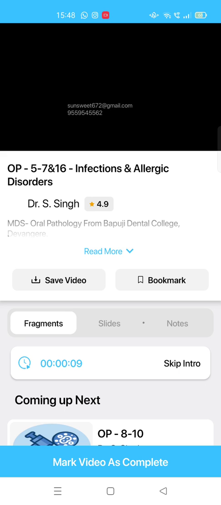Herpes has prodromal symptoms, but there is no association of prodromal symptoms as such in aphthous. They may or may not be seen, but they are not always seen. The etiology for aphthous is most of the time unknown. They say it could be associated with stress or GI upset, or the bacteria usually isolated from recurrent aphthous could be Staph aureus or even streptococci. But no definite etiology has been established till date.